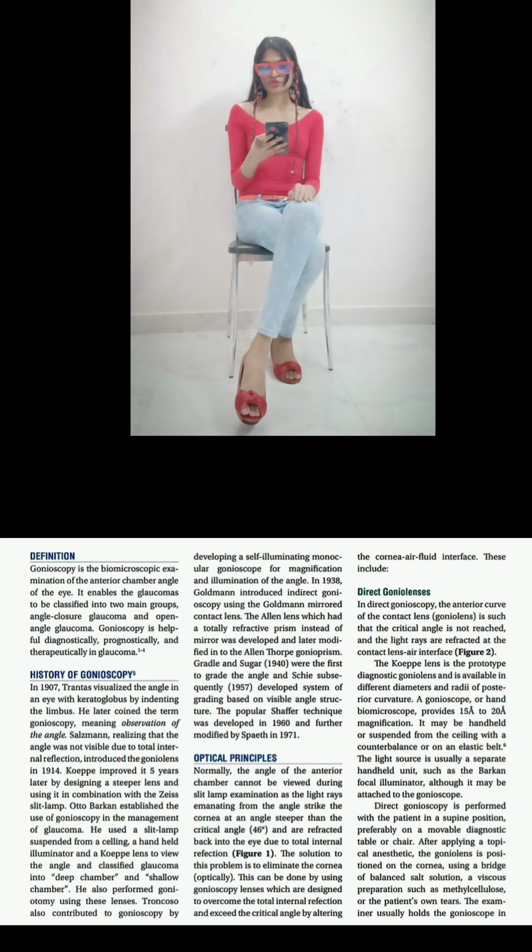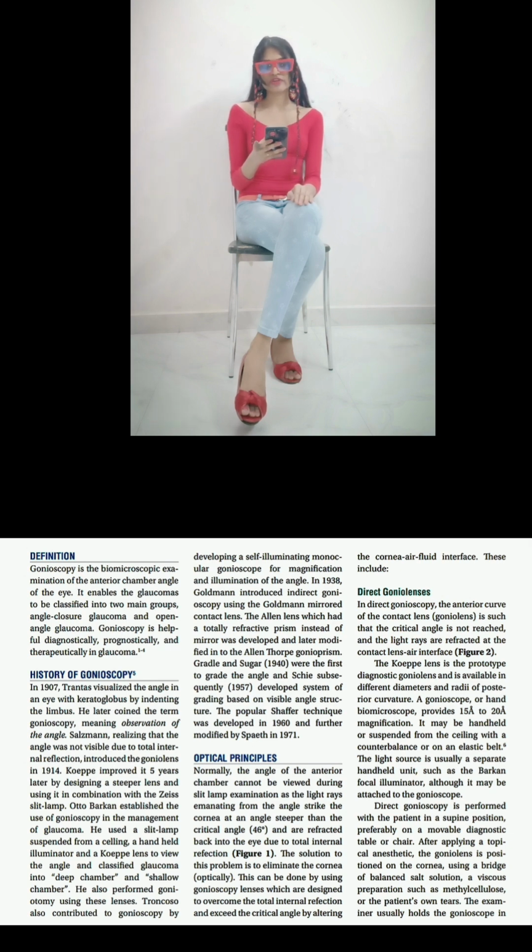The solution to this problem is to eliminate the cornea optically. This can be done by using gonioscopy lenses, which are designed to overcome the total internal reflection and exceed the critical angle by altering the cornea-air interface.